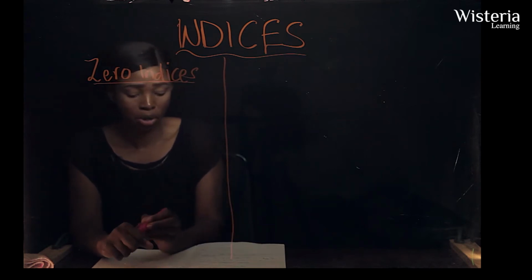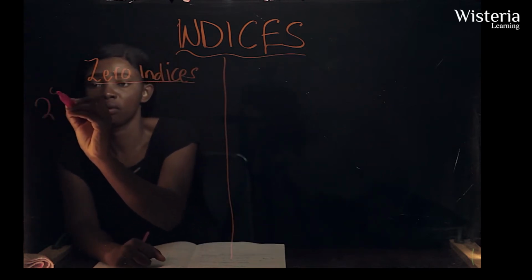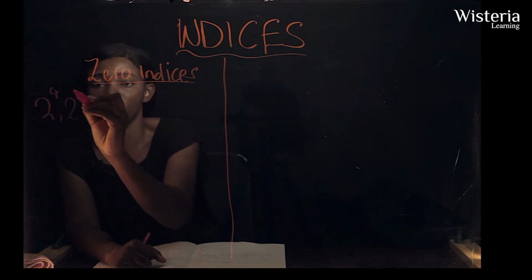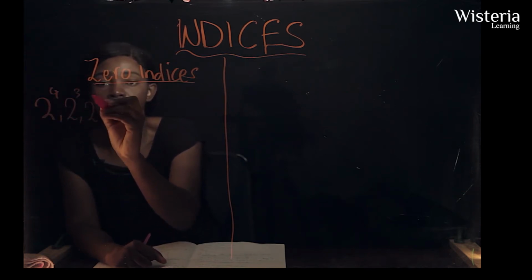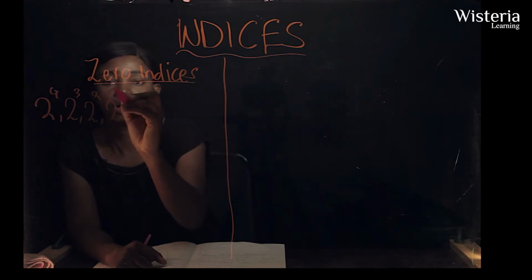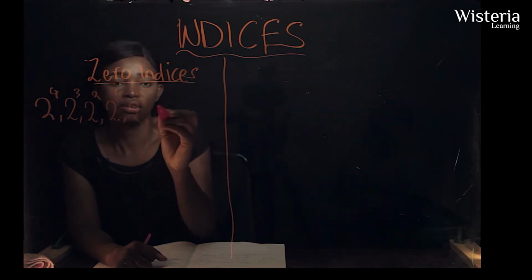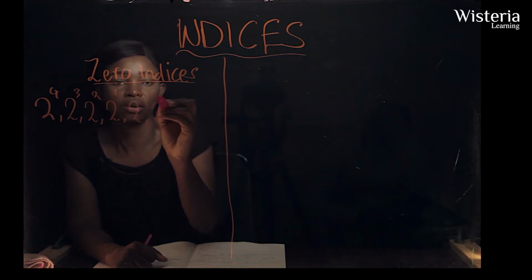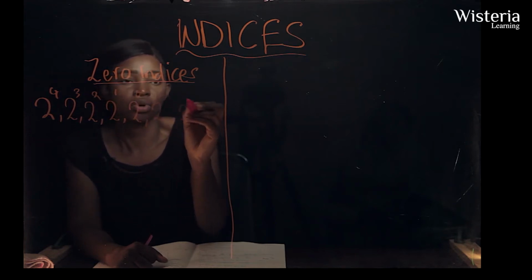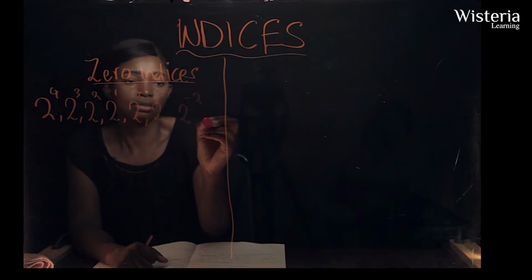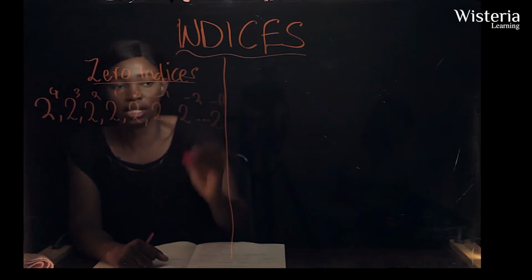For example, if we have 2 to the power 4, 2 to the power 3, 2 to the power 2, 2 to the power 1, 2 to the power 0. Then we can also have negatives coming in, 2 to the power negative 1, 2 to the power negative 2, and so on. The next will be 2 to the power negative n.